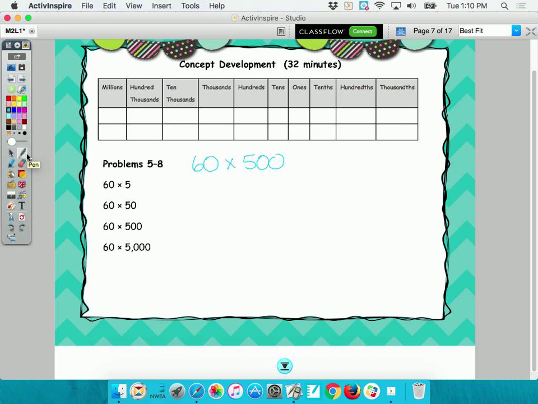Lupita, tell me what to write here. 6 what? 6 tens and 5 hundreds. Good. And you cannot abbreviate anything now. It's got to be written out. And make sure you multiply between them. Okay?